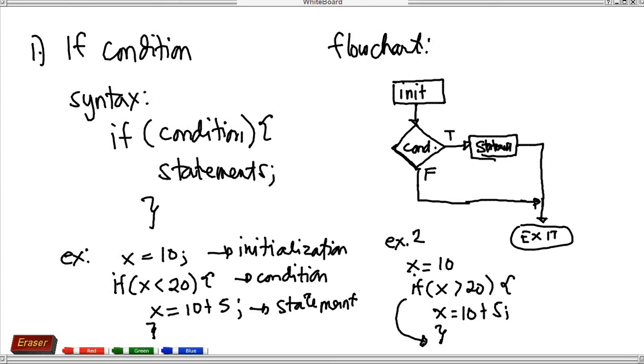Unlike this one, because it is true that 10 is less than 20, it automatically enters your open brace, because what is inside your open and closed brace is a true statement. So if it is true, it performs the statement inside your open and closed braces. If it is false, it will not perform your statement inside your braces.